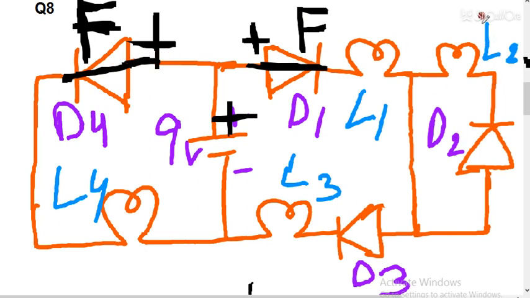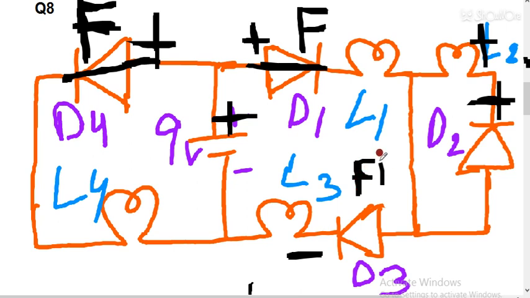Some positive voltage will go on this side also, L3, and some negative voltage will go here. So this diode D3 will be forward biased, because negative voltage is provided to the N side.